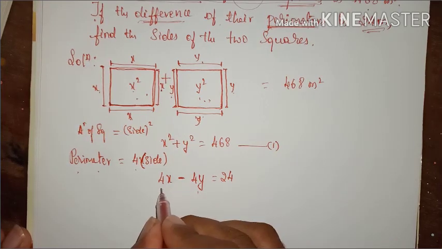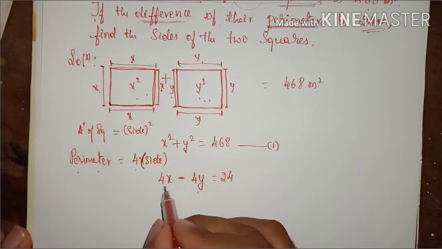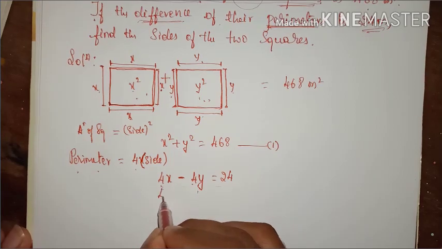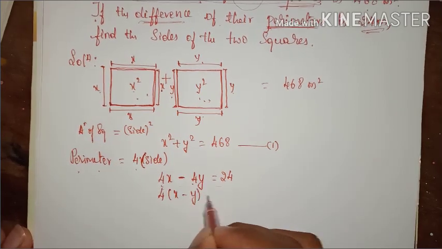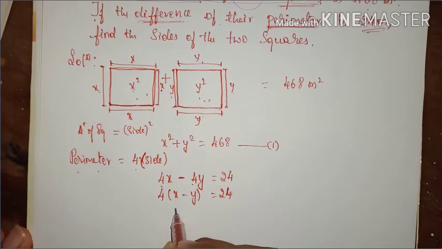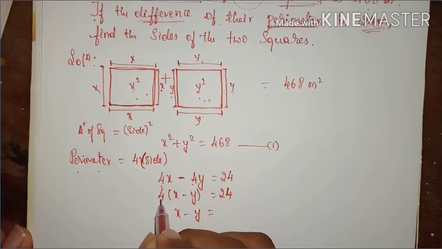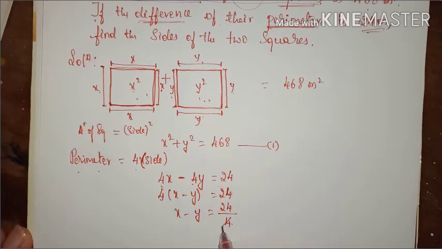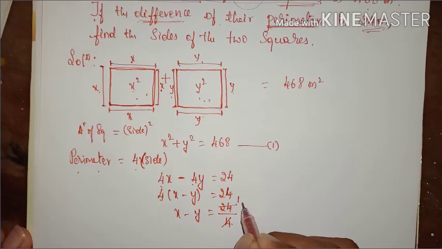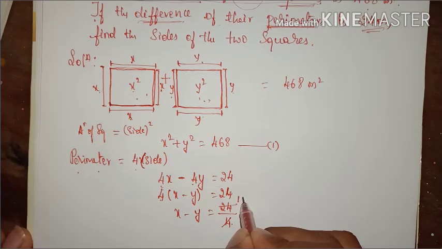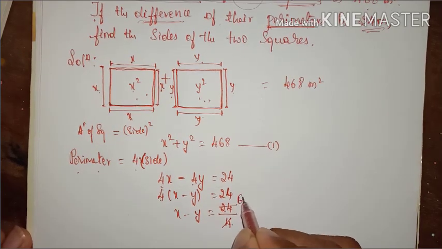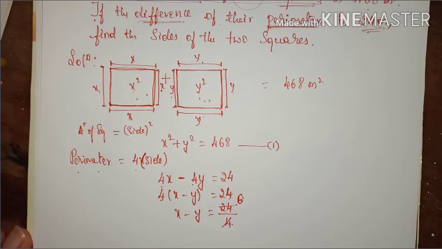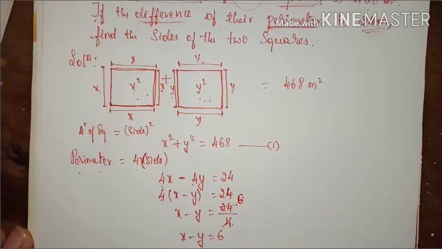Now if you observe this equation, I can take 4 common. So 4 times (x minus y) is equal to 24, and then x minus y equals, I will send this 4 to the right hand side, so the 4 goes to the denominator. 24 divided by 4 is 6, four sixes are 24. So x minus y equals 6.